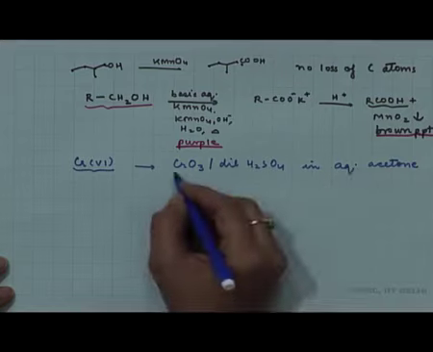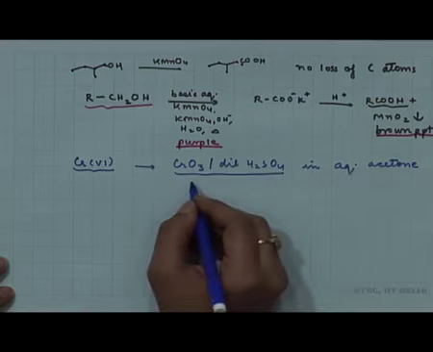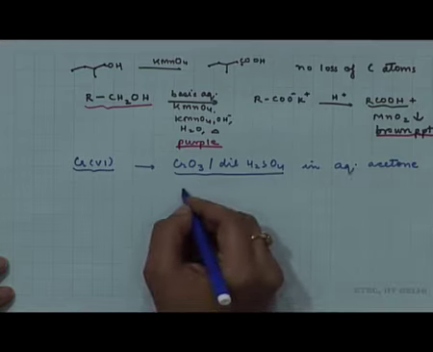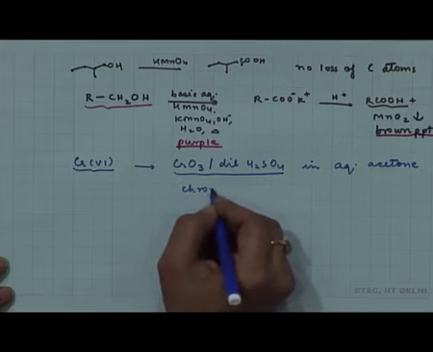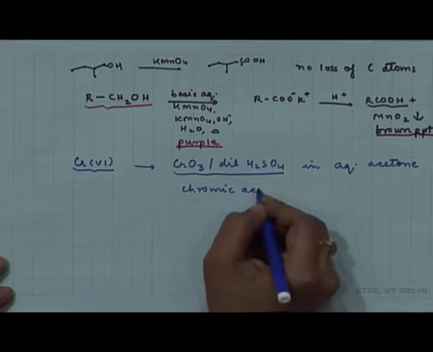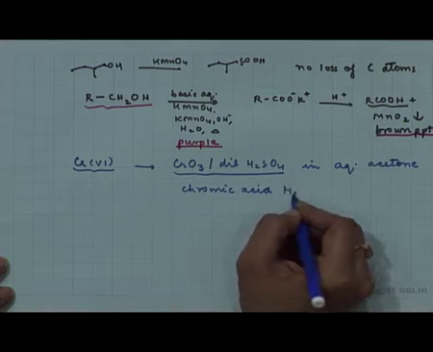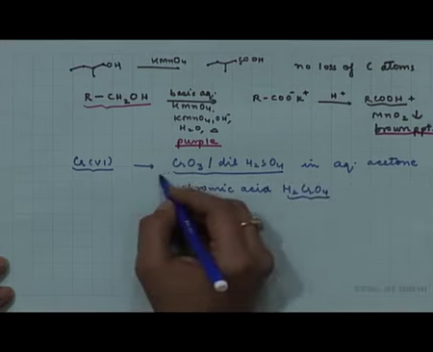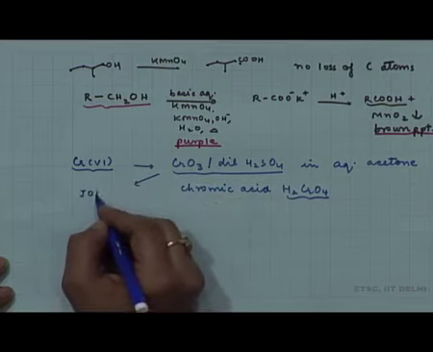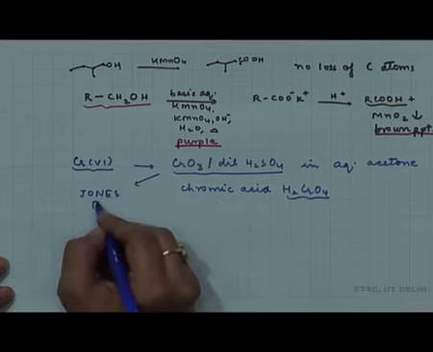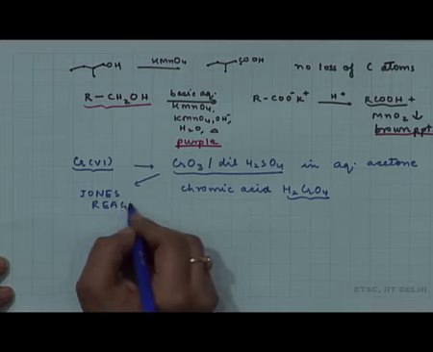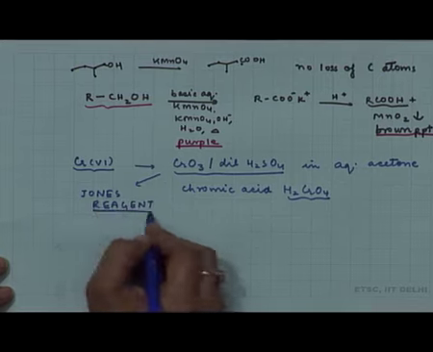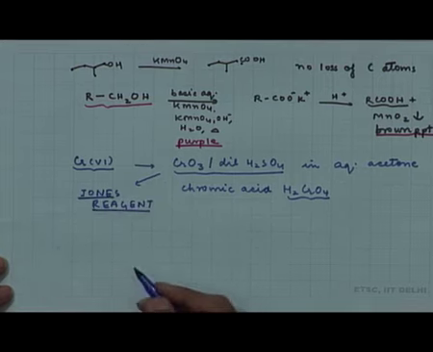This reagent, when you take chromium trioxide in dilute H2SO4, generates what we call chromic acid, which is H2CrO4, and this reagent is known as the Jones reagent. It is the popular Jones reagent which is used for the oxidation of alcohols.